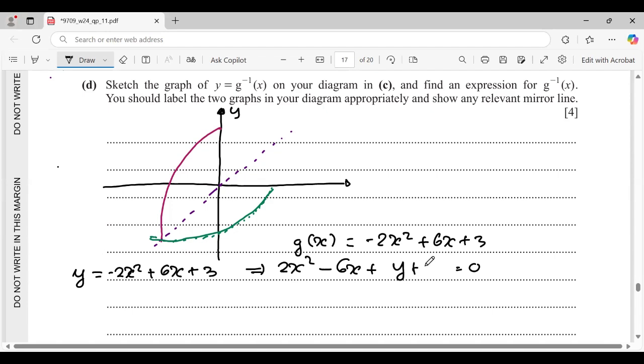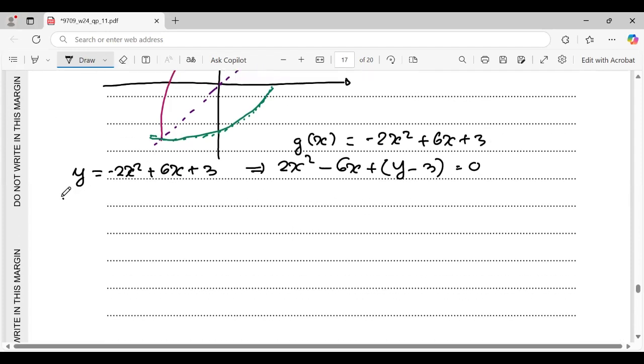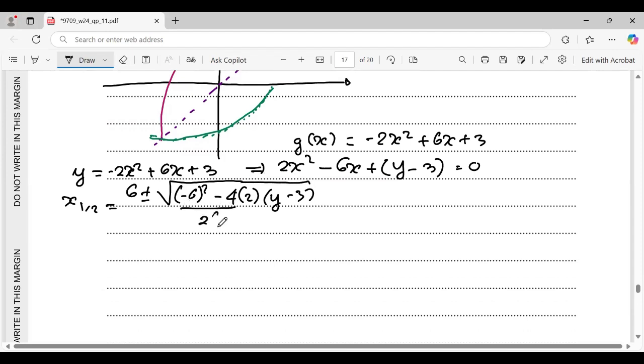Sorry, y minus 3, because the 3 moved. What is a, b, c? I'm going to use the quadratic formula for the value of x. This is 6 plus or minus the square root of minus 6 squared plus 4 times 2 times (y minus 3), divided by 2 times 2.